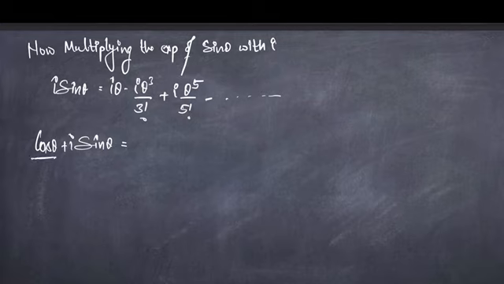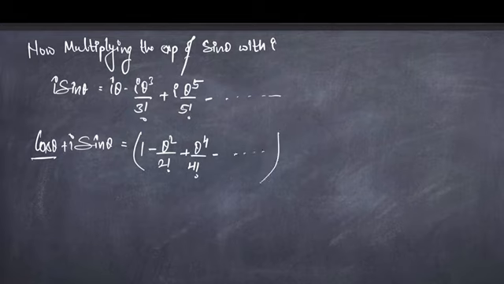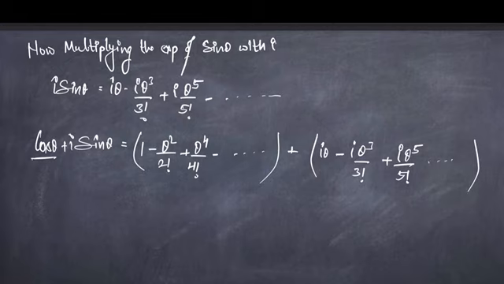So cos theta equals 1 minus theta square upon 2 factorial plus theta to the power 4 upon 4 factorial and so on, plus iota sin theta, which will be iota theta minus iota theta to the power 3 upon 3 factorial plus iota theta to the power 5 upon 5 factorial and so on.